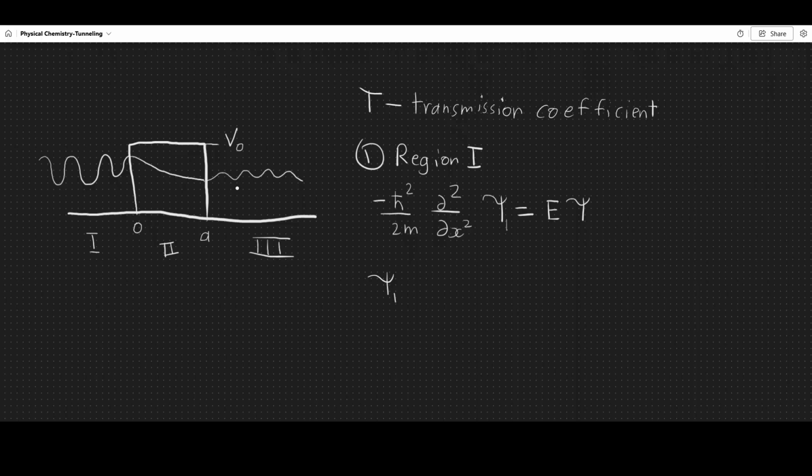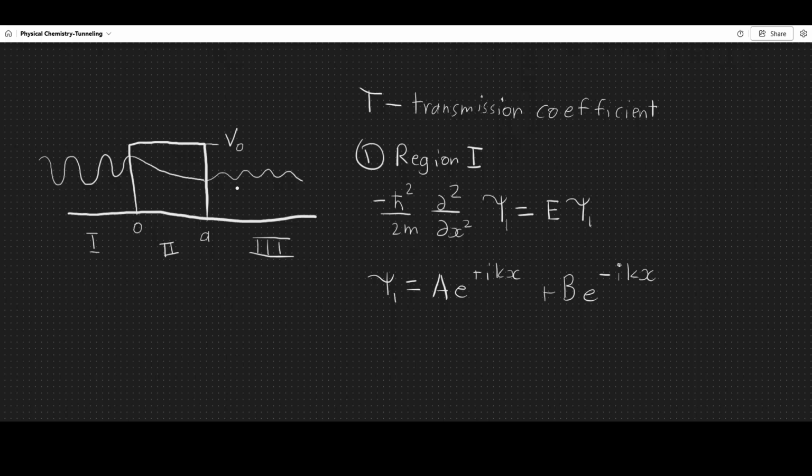We have a psi 1 that is equivalent to A, the constant, e to the plus ikx, and then another, different constant, B, e to the minus ikx. This all comes from the free particle in 1D.